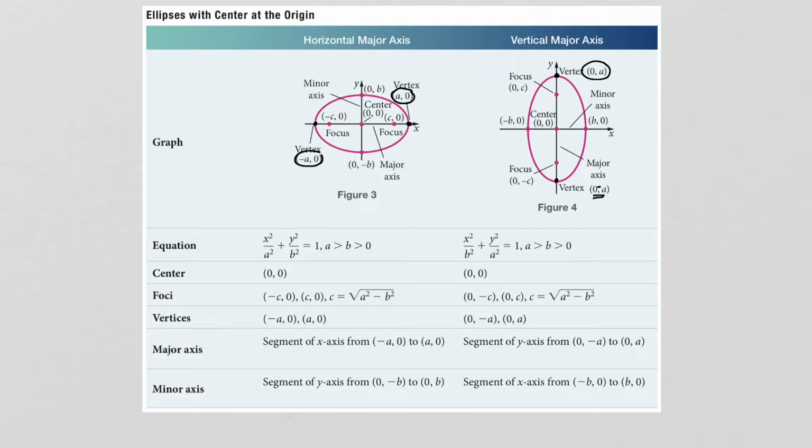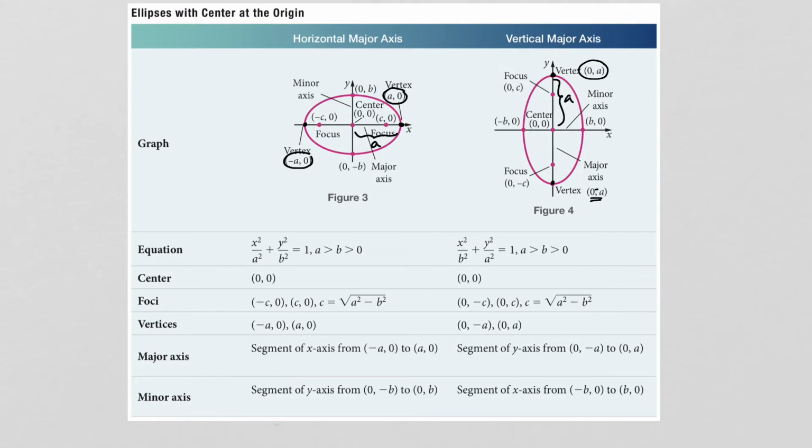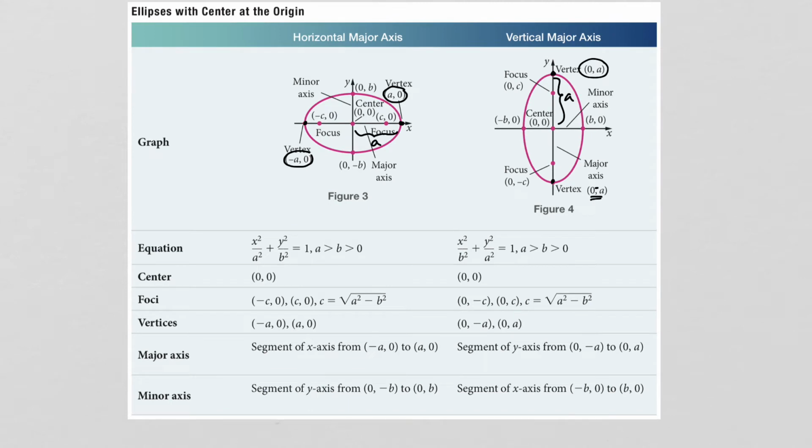So basically, a refers to this distance here, or in this case, a refers to this distance here. And then there is another number that we call b, and that corresponds to the minor axis, the shorter axis, which is this length right here. So this length here is b, and in this ellipse over here, this length is b.